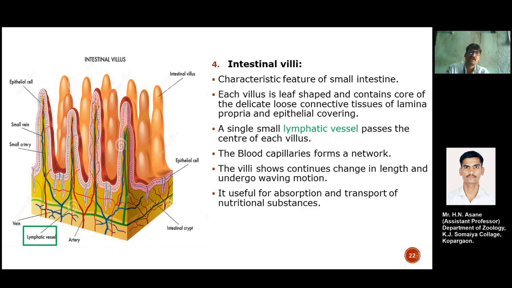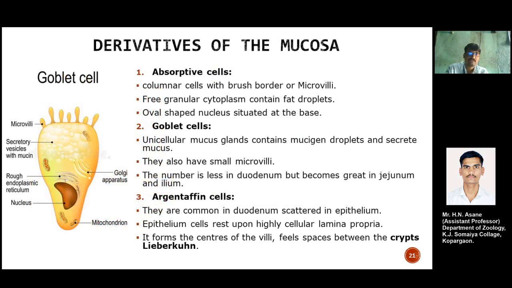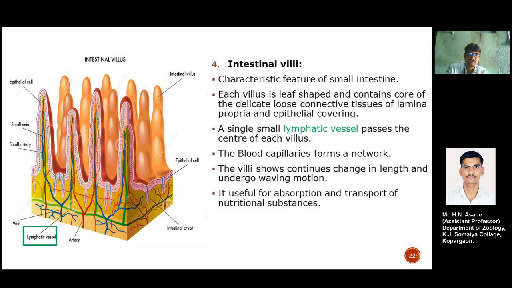The absorptive cells are present in the epithelial linings of these intestinal villi, as well as all the other cells we have seen, the goblet cells and argentaffin cells. These are present with the absorptive cells in these villi.